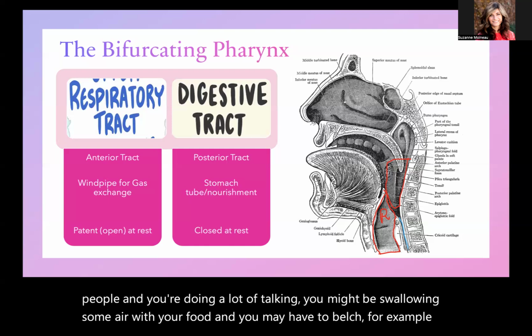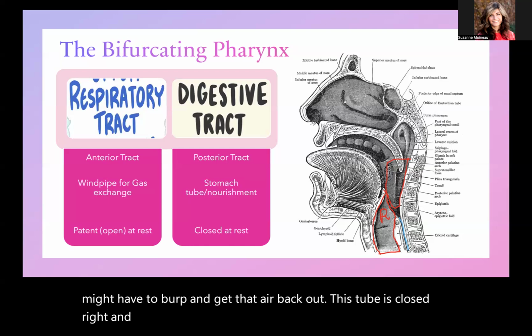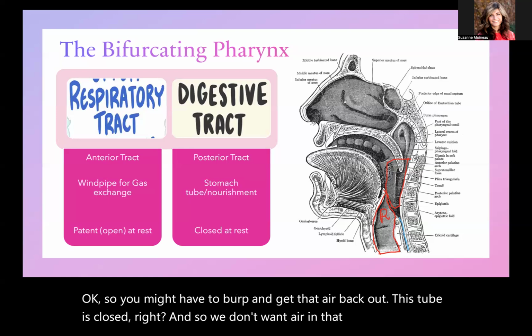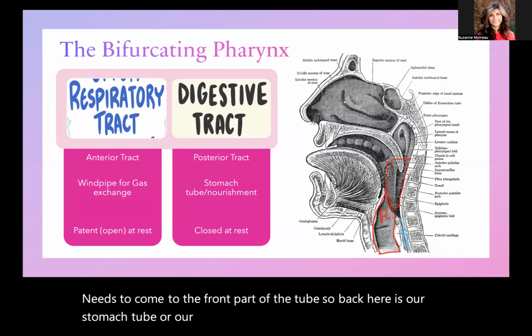Okay, so you might have to burp and get that air back out. This tube is closed, right? And so we don't want air in that tube. Air needs to come to the front part of the tube. So back here is our stomach tube or our digestive, if you will, our digestive tract.